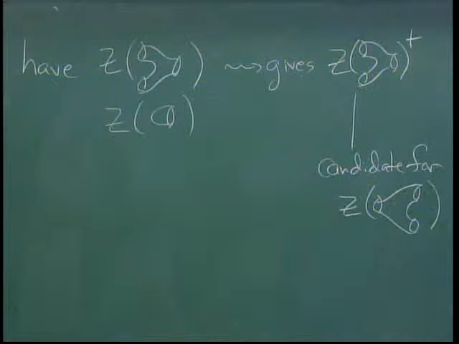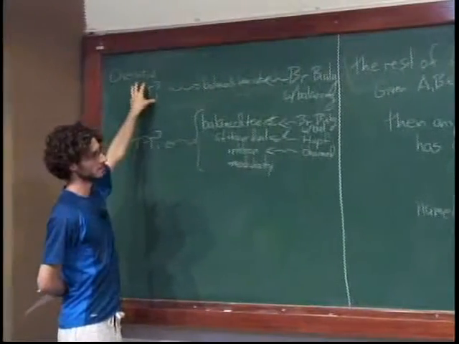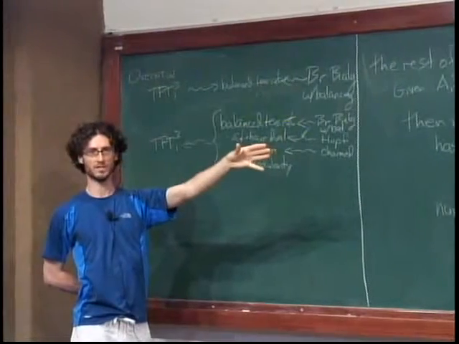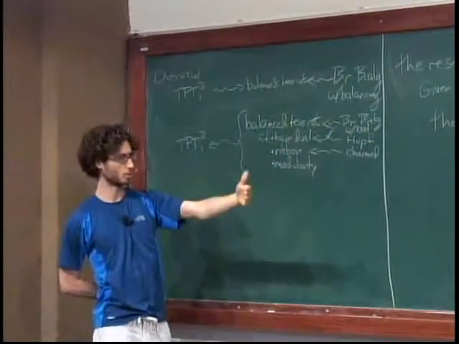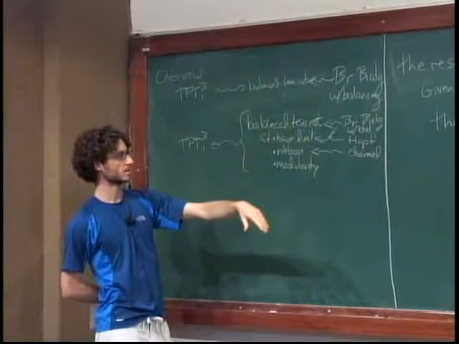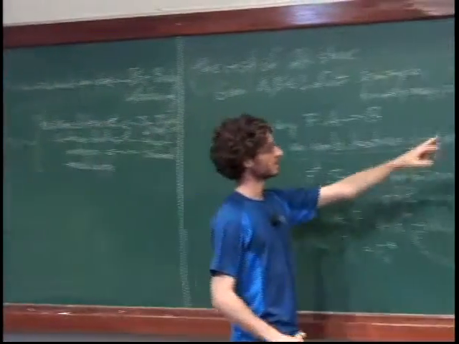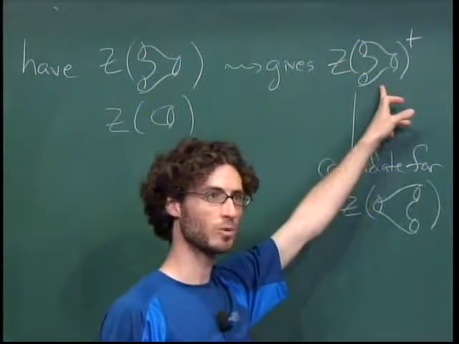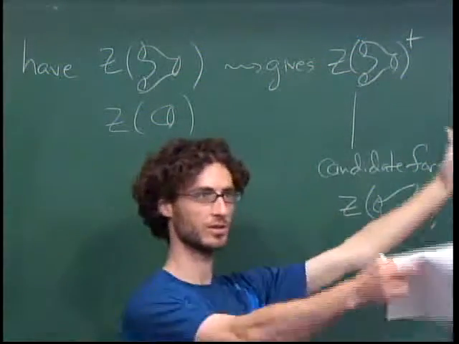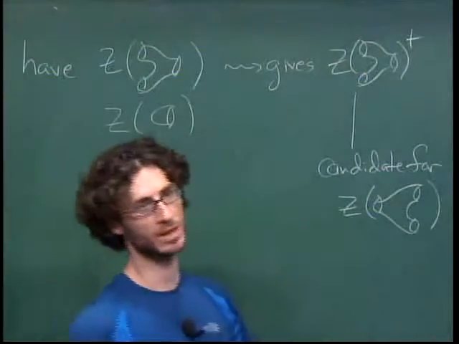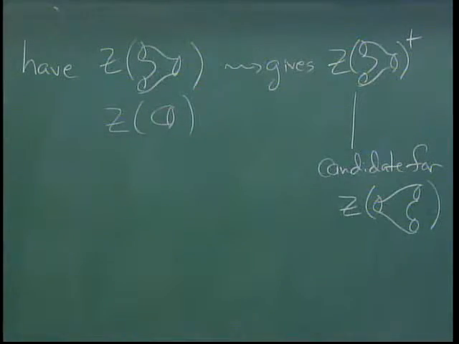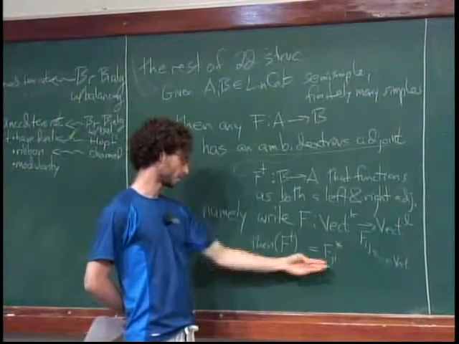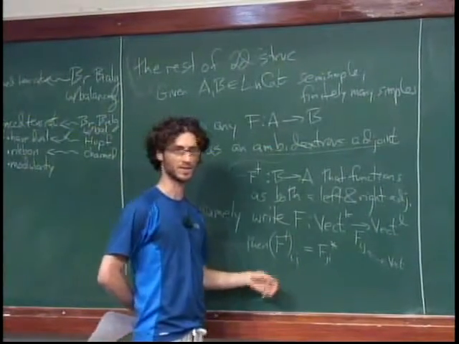Let me say what I mean by candidate. What I mean is, if I'm given a TFT, then that definitely will be the value of the copants, because the pants and the copants are ambidextrously adjoint in the bordism category, and so that structure just maps into an ambidextrous adjunction in linear categories, and so that's pinned down as this functor.